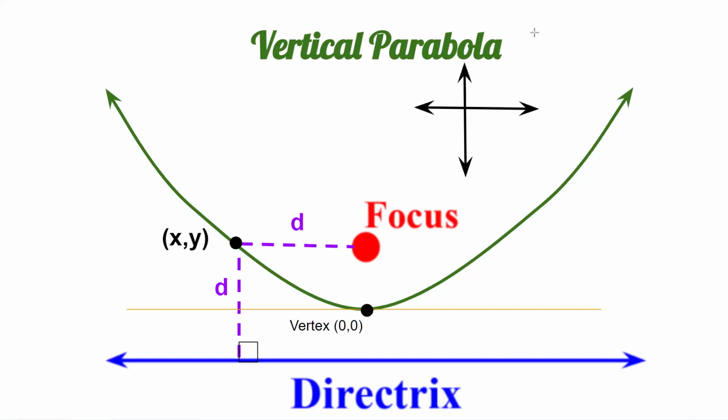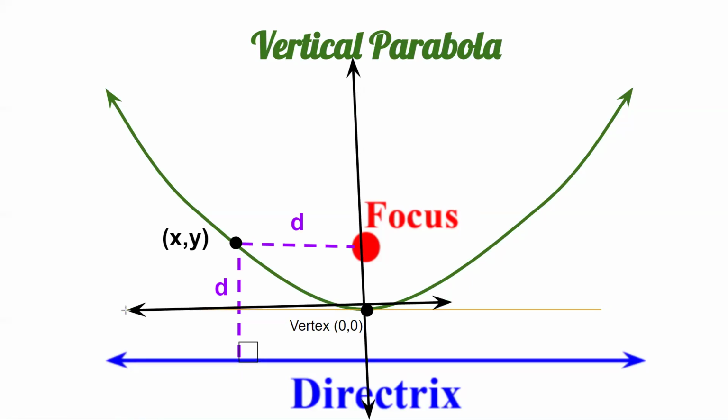The reason this one's called the vertical parabola is because it's opening directly towards the y-axis, the line that goes up and down. My vertex is going to happen to be at (0, 0). This is a special case that we're going to do today: vertex (0, 0). So that means my x-axis has to go through here.